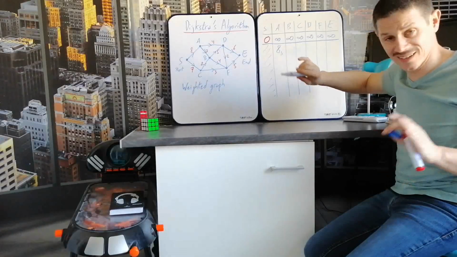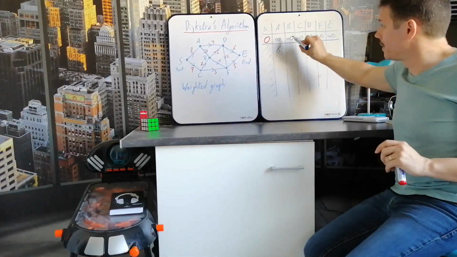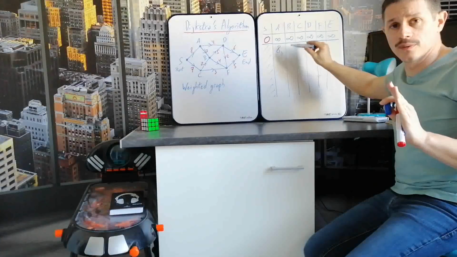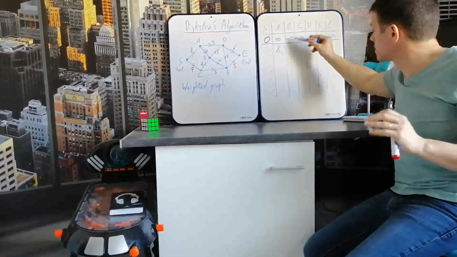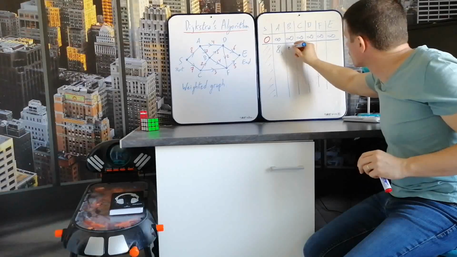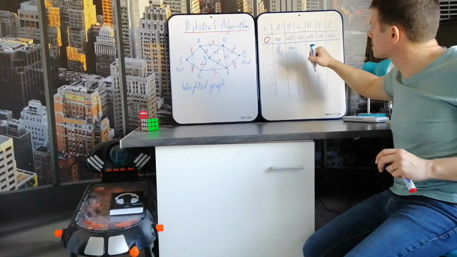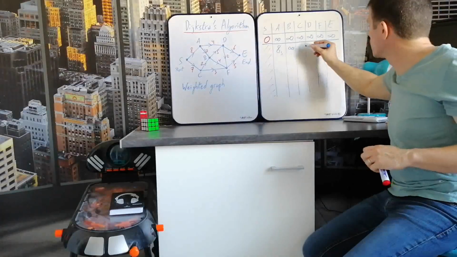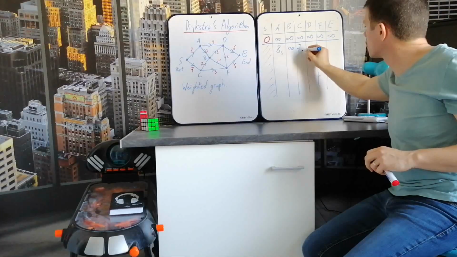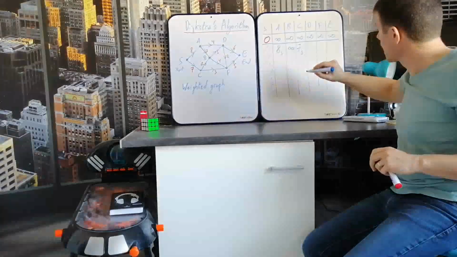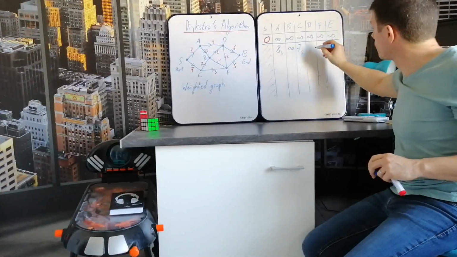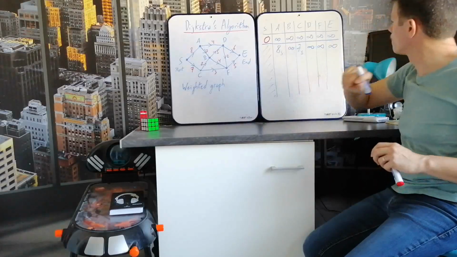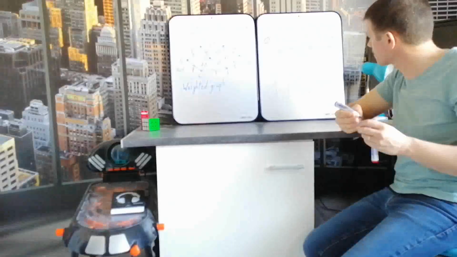But I can't go to B. Every vertex which can't be reached will keep the previous symbol, so for B, it's again the infinity symbol. For C, I can go to C from S with a distance of 7, so we'll write 7S. And I can't go to the other vertices, so I will rewrite the infinity symbol. That's my second step.